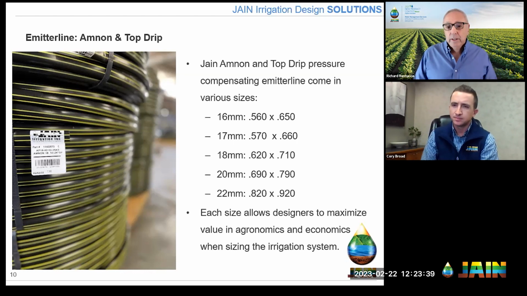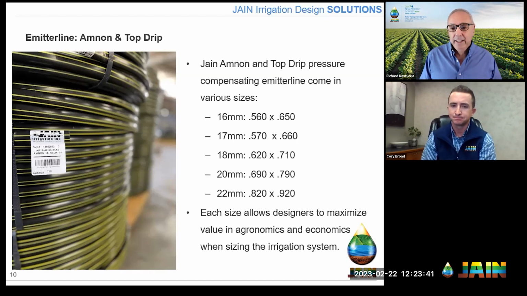Yeah, that's a great point, Cory, because again, you shouldn't have to know, okay, I've got this emitter line, so what size coupling do I use with that, or what power lock? Yeah, exactly. And so again, we have all the fittings and accessories to fit that. That's value added, because of the one-stop shop approach.